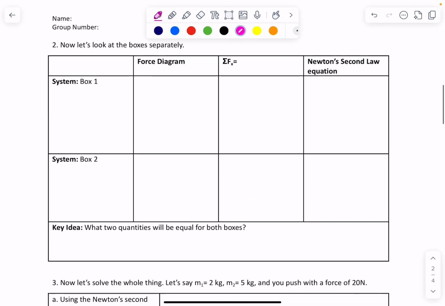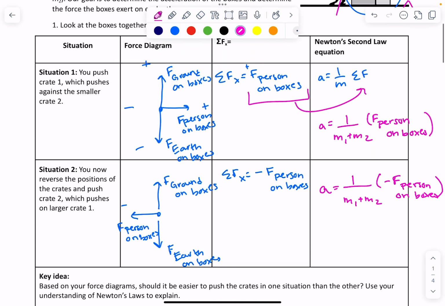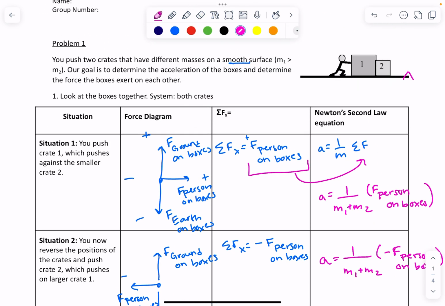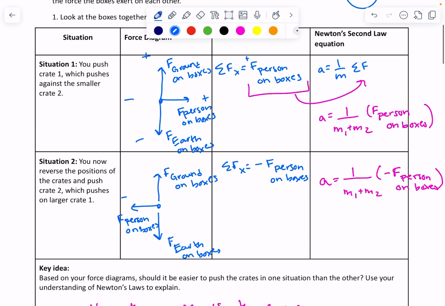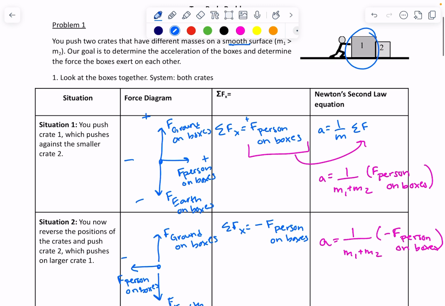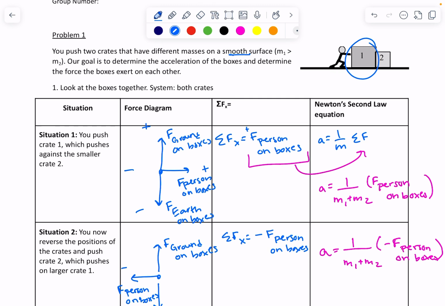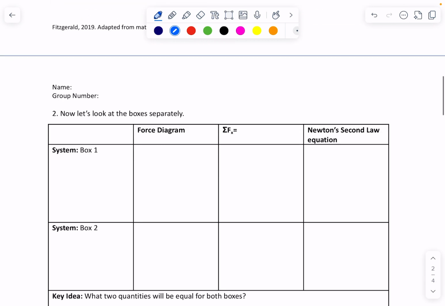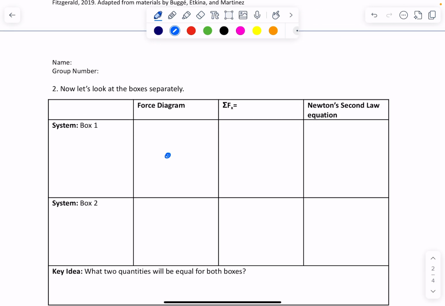Okay, so now we're going to look at the boxes separately. So if we look back up here at our drawing, we're going to look at the boxes separately. So let's look at the system of just box 1. So box 1 for a force diagram would have the earth, the floor, the person, and also box 2. So let's make a force diagram for that.